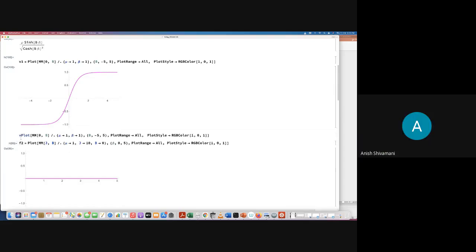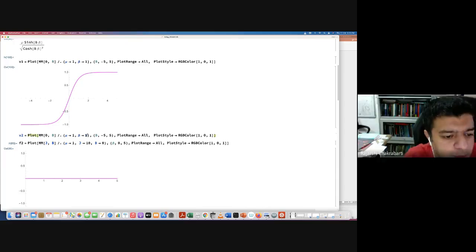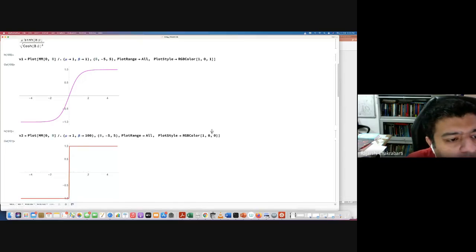What do others think? At lower temperature, it would be steeper. Lower temperature means higher value of beta, and you expect this curve to be steeper. Yes, you're right. It is steeper.